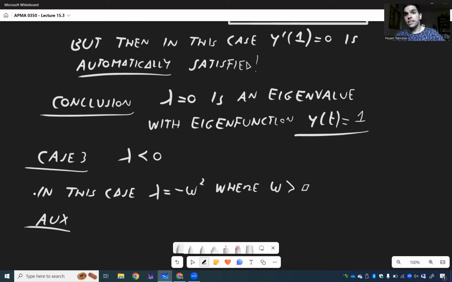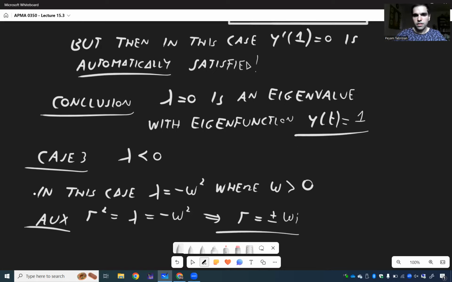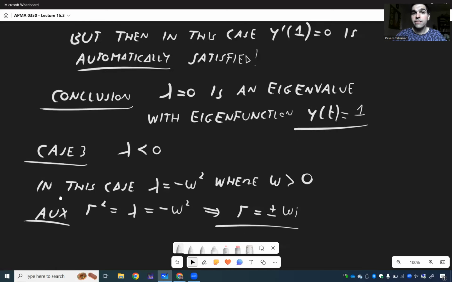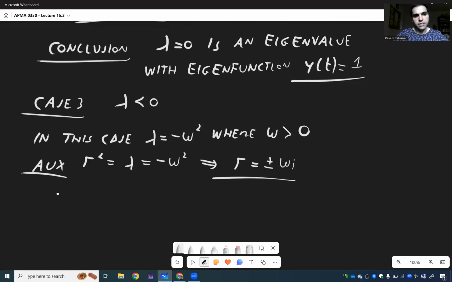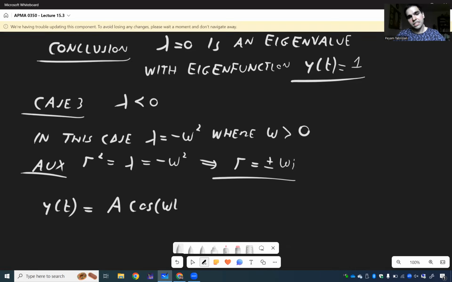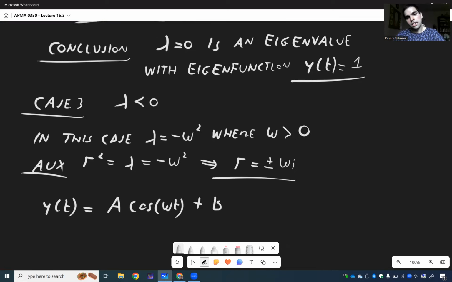The auxiliary equation is r squared equals lambda, which is minus omega squared. So r is plus or minus omega i, which once again gives you cosines and sines. So y of t is a cosine of omega t plus b sine of omega t.